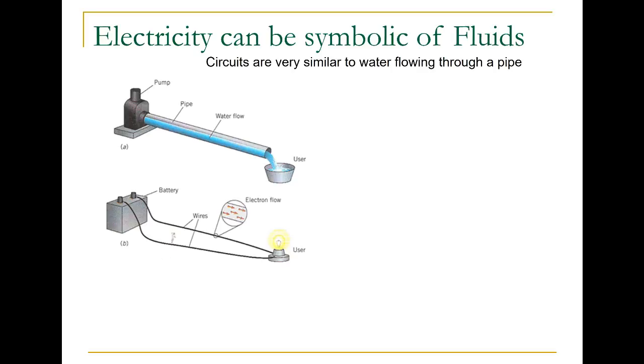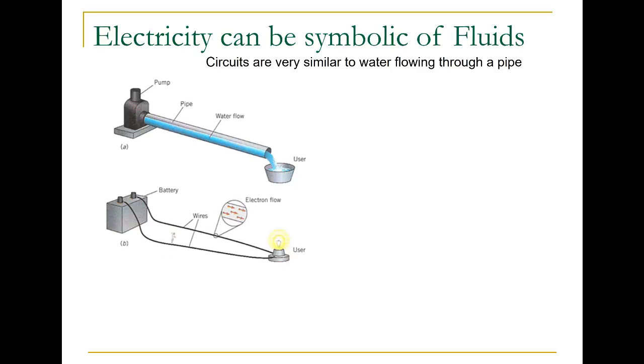The analogy that we like to use is that circuits are like water flowing through a pipe. In order to get water to flow through a pipe, you need a pump, and in a circuit, the battery is like the pump. Sometimes the pump is just a difference in height, for example a waterfall, where the water flows from high potential energy to low potential energy.